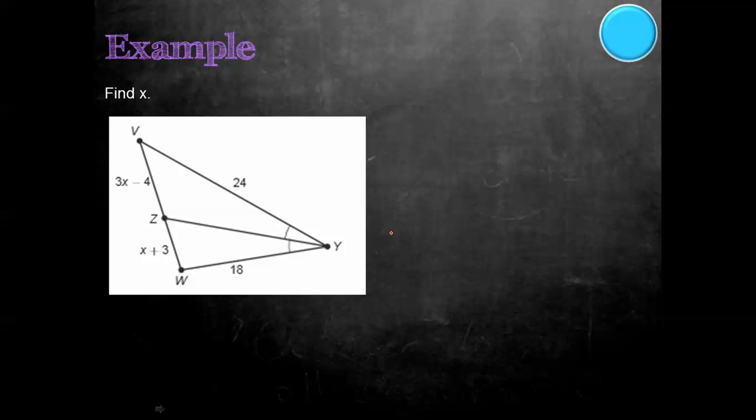All right, on this one, here's your angle bisector up here, with angle y. So we're going to compare these two sides, right? We're going to say 24 over 18 equals, since I used 24, I have to use 3x minus 4 over x plus 3. So I'm going to put these in parentheses because we're going to cross multiply here.